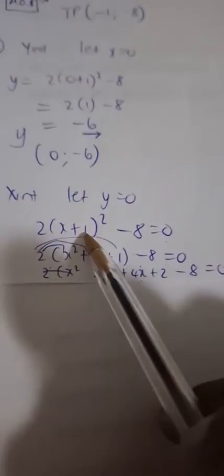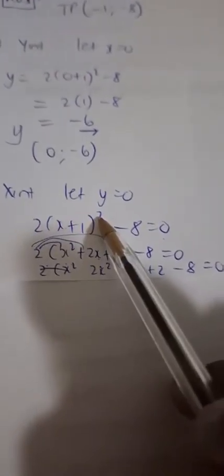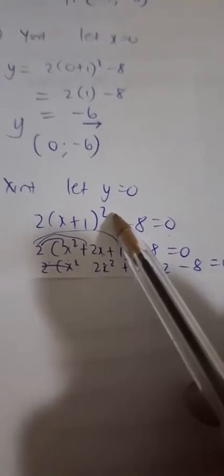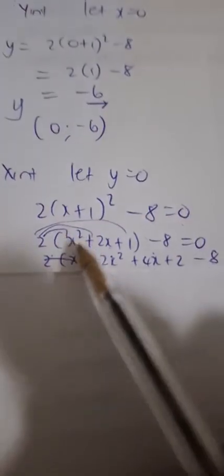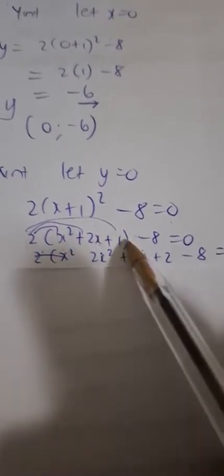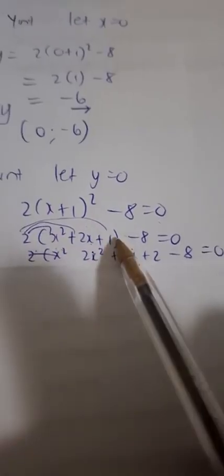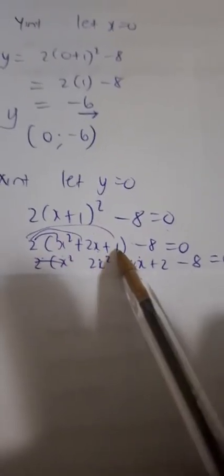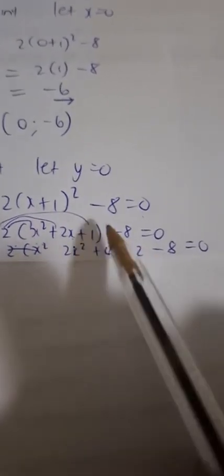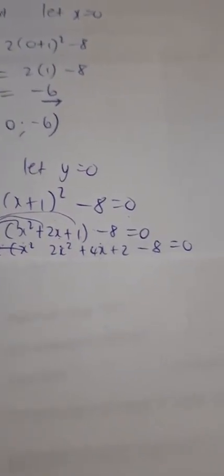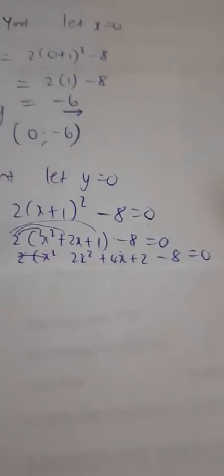No guys, please, let's not forget that this is a binomial, and then there's a bracket, there's a square, so that means we open 2 brackets, we FOIL. We should get x squared plus 2x plus 1 inside that bracket. We then distribute the 2 that's outside the bracket to just the bracket itself, and then after that we add and subtract like terms. Okay, so that's very important.